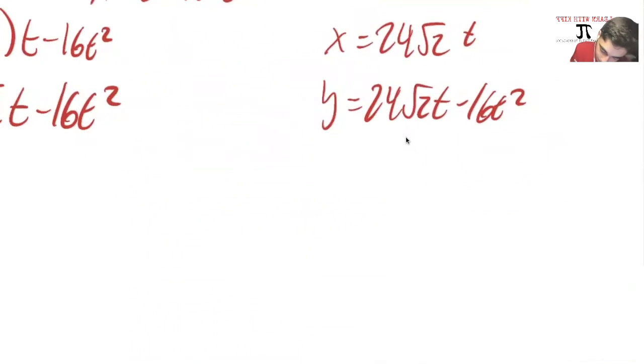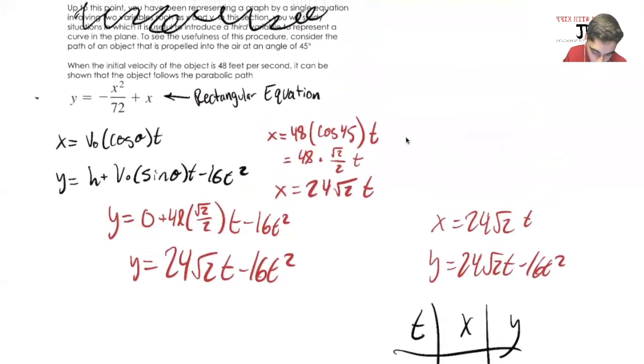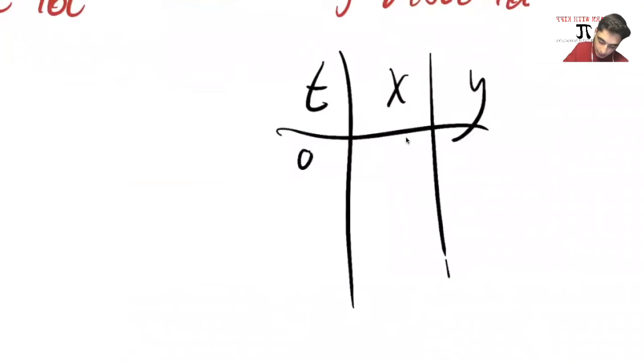Then we would make a table in which we say at 0 seconds, 1 second, 2 seconds, 3 seconds, then we just plug that in.